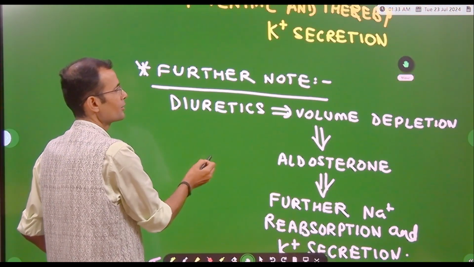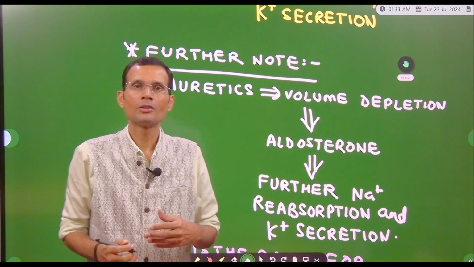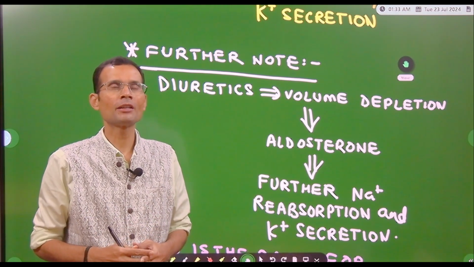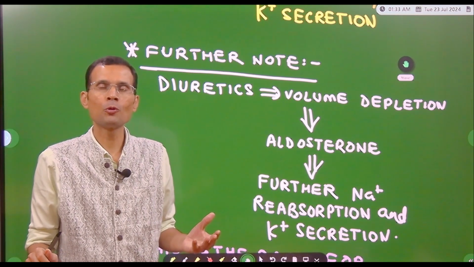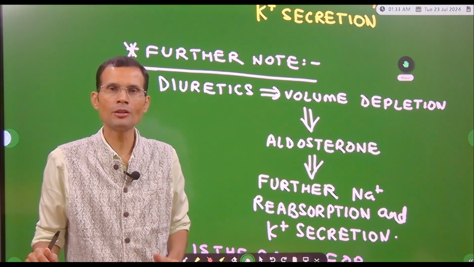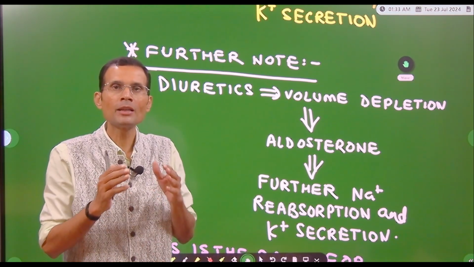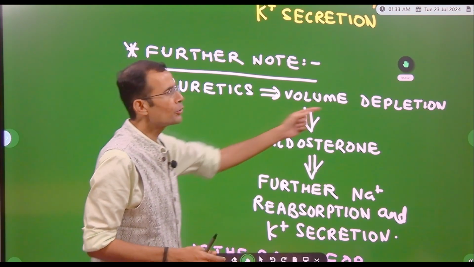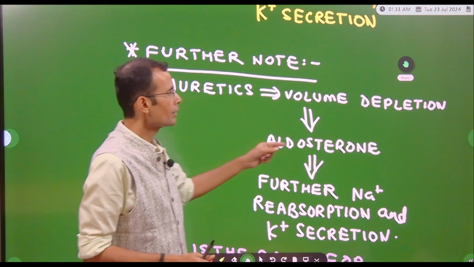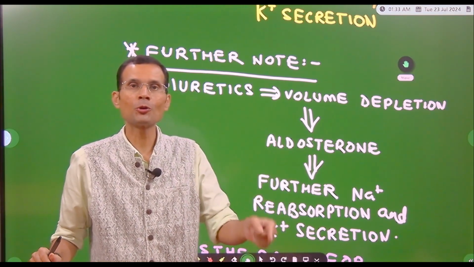And also note, yes, with the other diuretics, what was happening is that they cause diuresis and therefore loss of plasma water into the urine. That means decreased circulating plasma volume. And if there is a volume depletion, then there is a role for aldosterone.